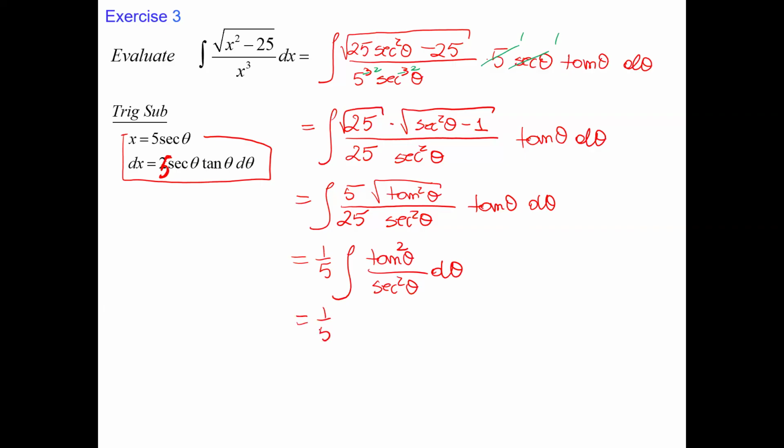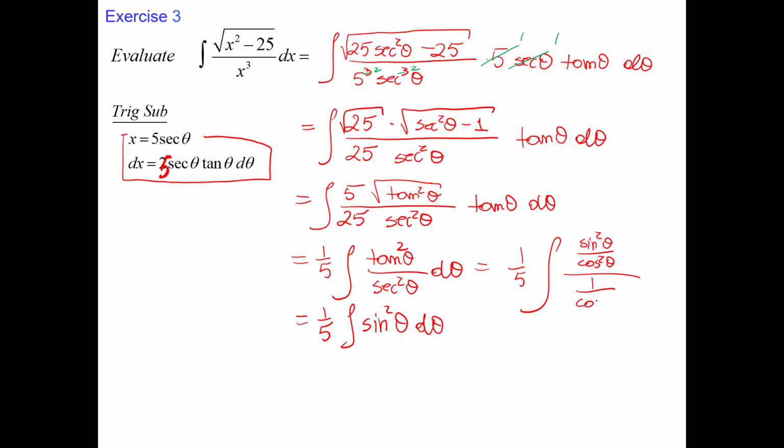Now, when we rewrite in terms of sine and cosine, sine square over cosine and 1 over cosine, we will just end up with sine square theta d theta. Let me write this. Tangent square is sine square theta over cosine square theta.